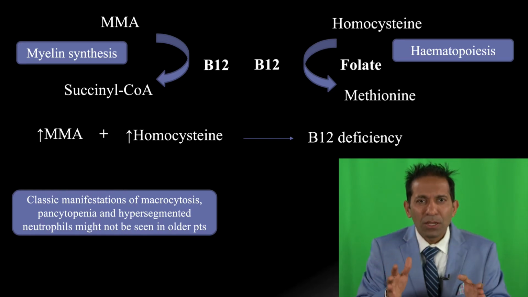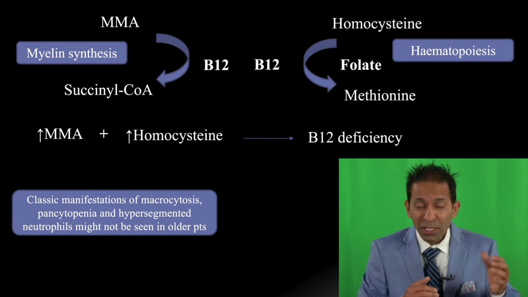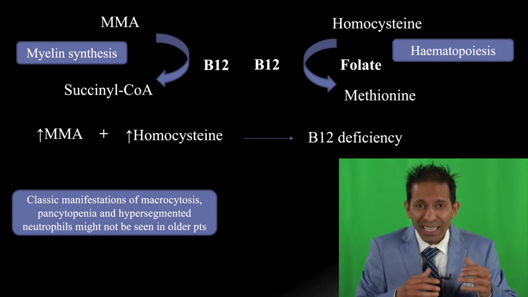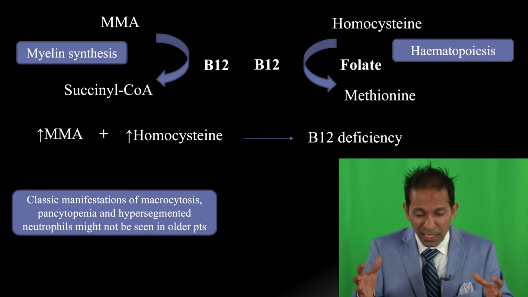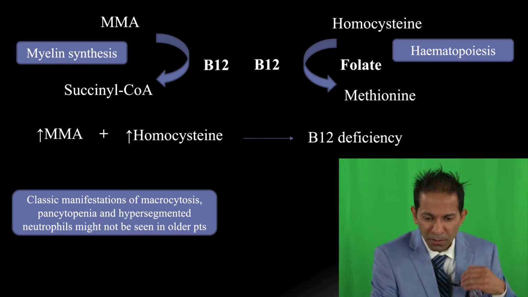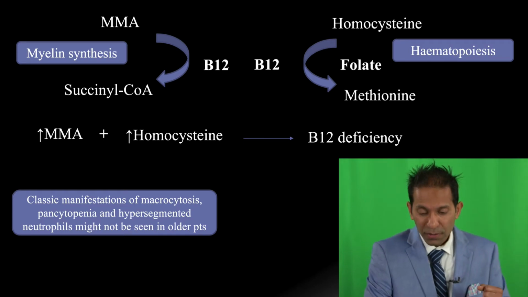That happens because folate and B12 are required for DNA maturation, and because of ineffective erythropoiesis, these patients can have macrocytic anemia. So our patient only had neuropsychiatric symptoms, which can be seen in older patients.